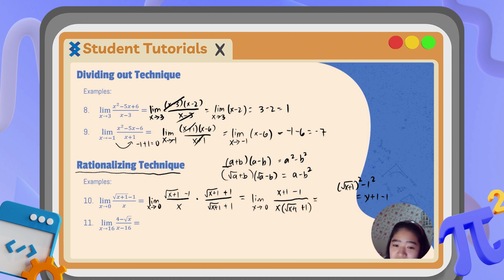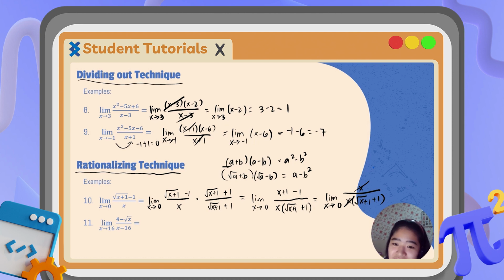This is going to give you, let me erase here. Okay, so this is going to give you the limit as x approaches 0 of x over x times the root of x plus 1 plus 1. So here you can divide out x using the technique above.